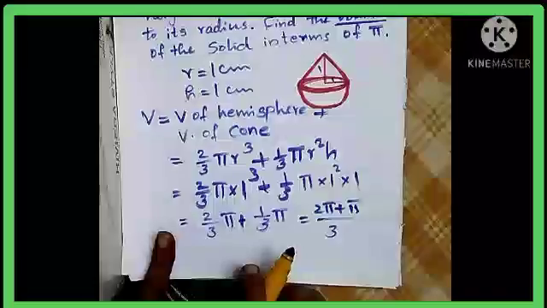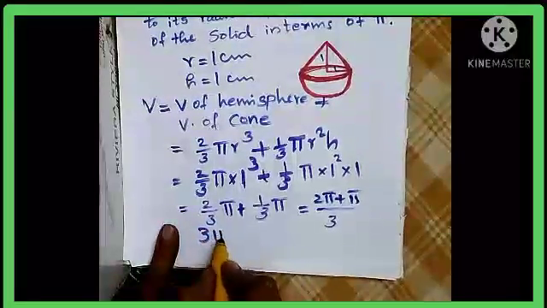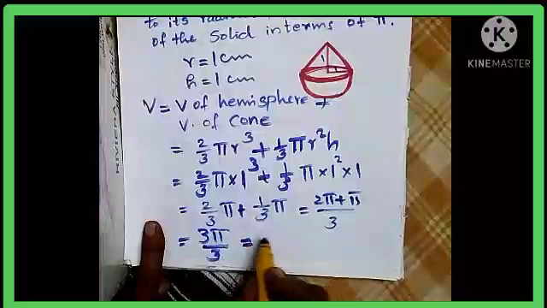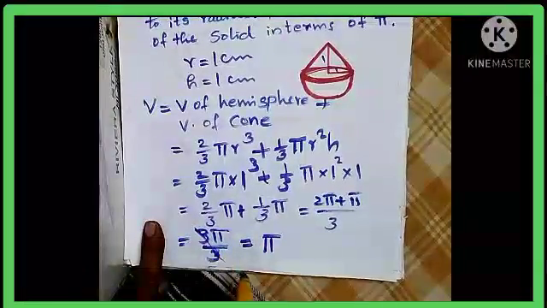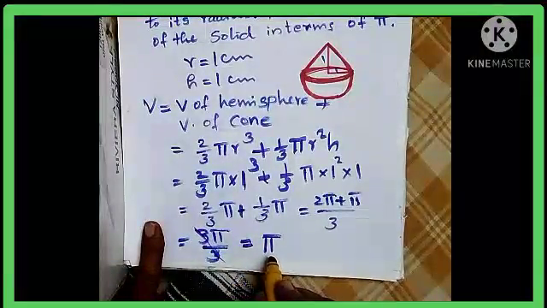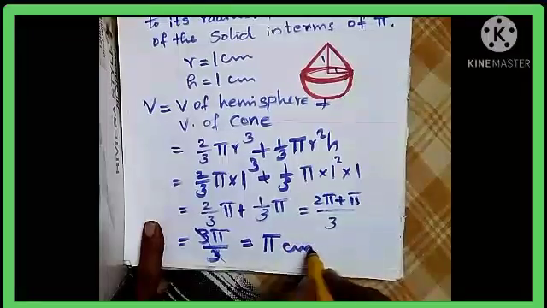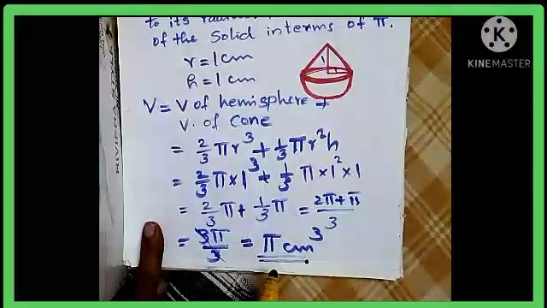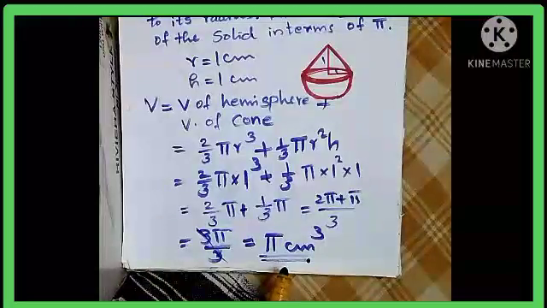What is 2 pi plus pi? 3 pi. So we are getting 3 pi by 3, that is equal to pi. We can cancel 3. So you are getting pi centimeter cube, because it is the volume of the given solid. Pi centimeter cube.